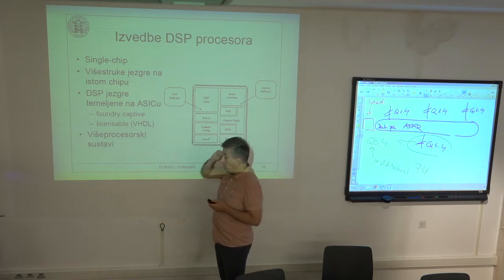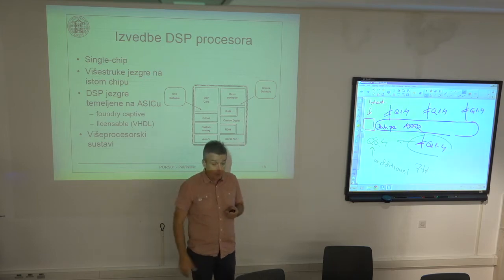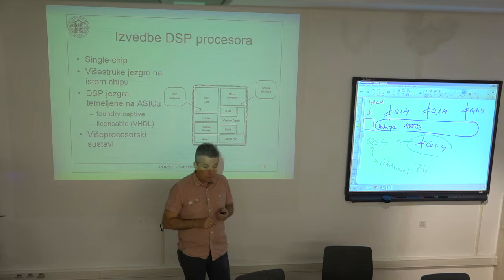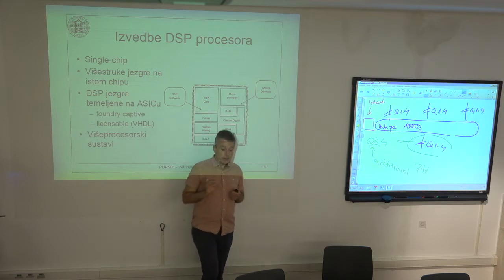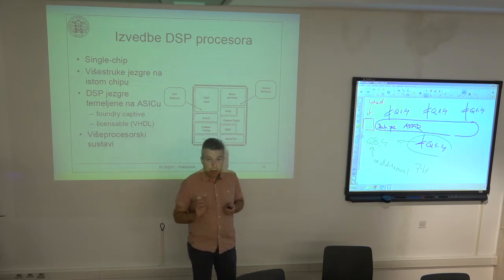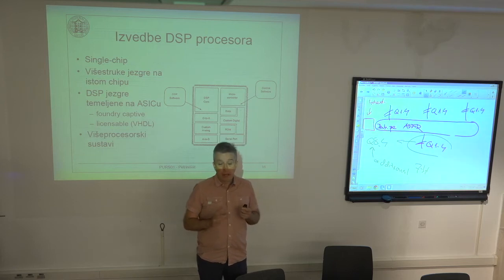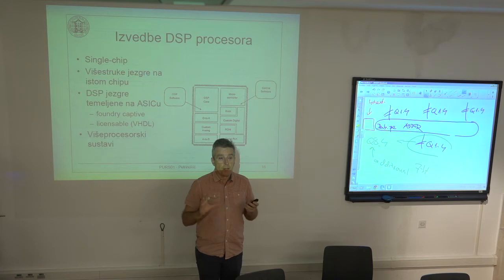These DSPs can also be implemented as soft cores on field programmable gate arrays, FPGA implementation of soft DSP cores, especially since these field programmable gate arrays nowadays have a really enormous number of parallel multipliers and adders.